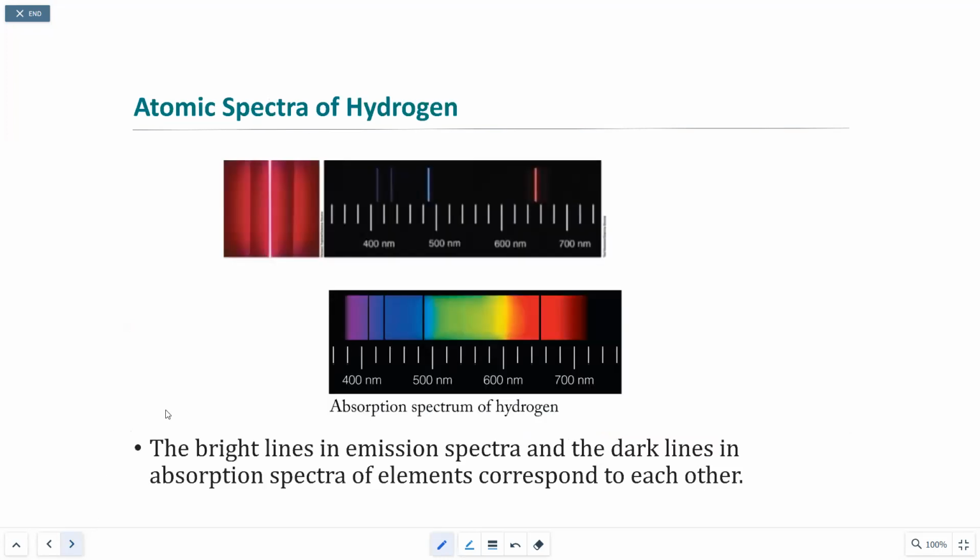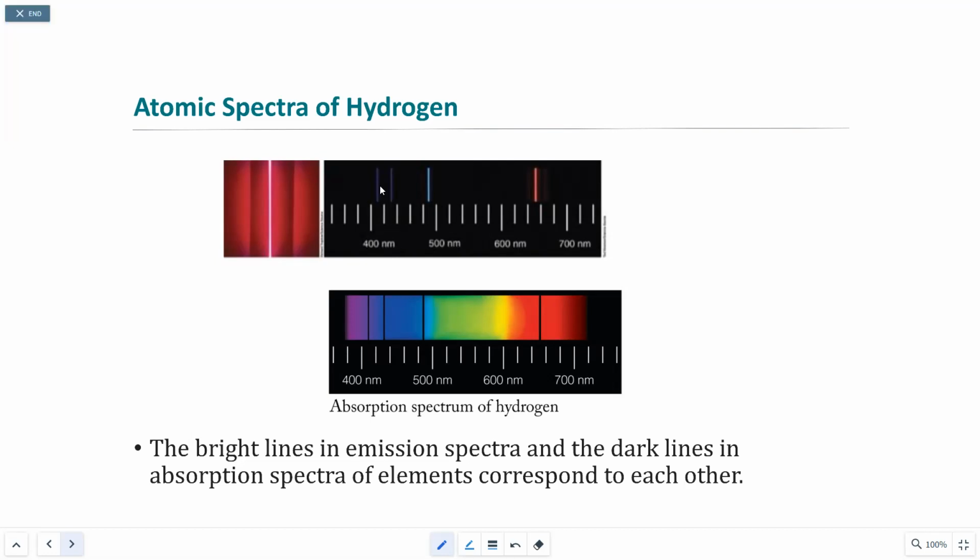But as we started to progress, we noticed that not only are these lines present in samples of sunlight, if we actually excite a sample of a gas like hydrogen and get it to begin to emit light, we'll notice that the bright line spectrum in hydrogen doesn't have a whole bunch of continuous lines either.